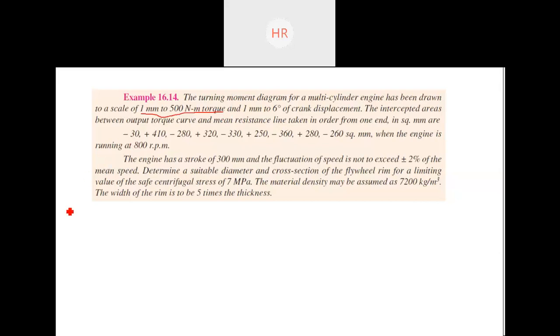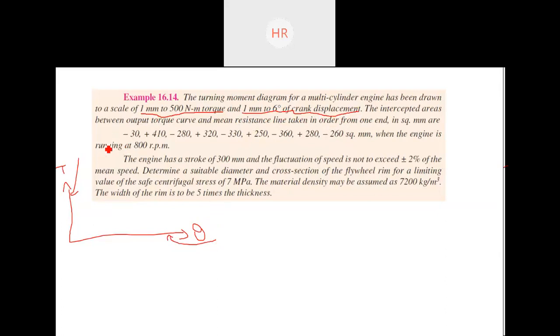We all know the turning moment diagram: on the y-axis we have torque and on the x-axis we have angle. So the scale for the y-axis is 1 mm equal to 500 Newton meter torque, and 1 mm to 6 degrees of crank displacement. So the scale for the x-axis is 1 mm equal to 6 degrees.